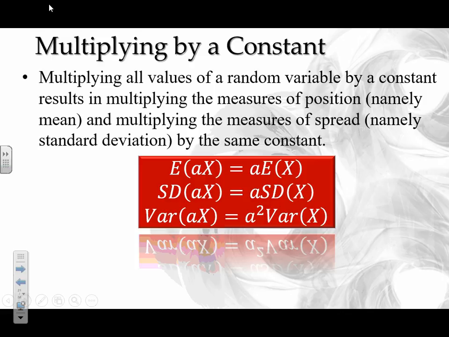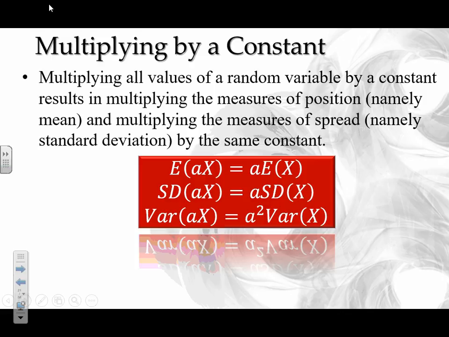So when we look at these formulas, what's happening is on the left, we're saying if we take our random variable times a constant, so I take my variable x, I multiply it by some constant a. If I want to find the new expected value, all I need to do is calculate the original expected value.